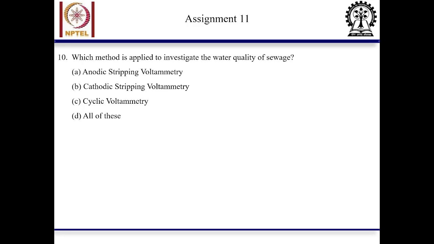If anyone has seen lecture number 55, the last lecture, there the professor has discussed this. Sweta is saying C. Okay. Anyone else saying cyclic voltammetry? Okay.